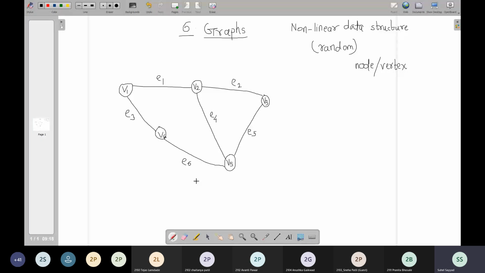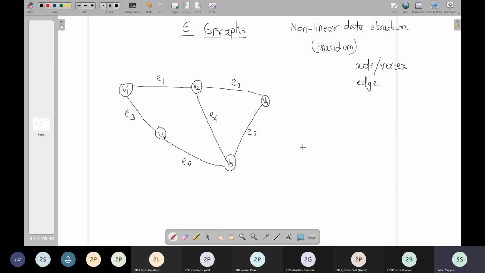So what we observe here is that any graph basically comprises 2 major components. The first one is a node, or we can call it a vertex, and the second one is an edge.